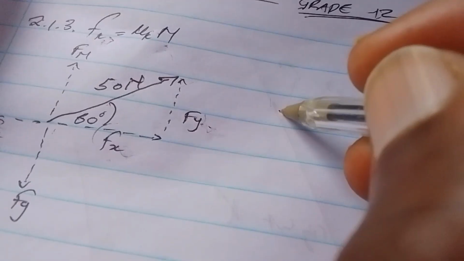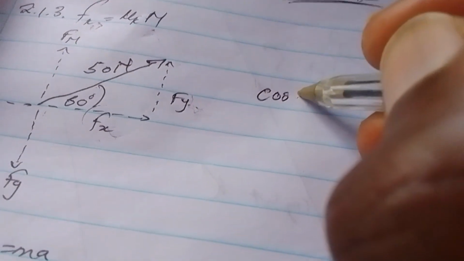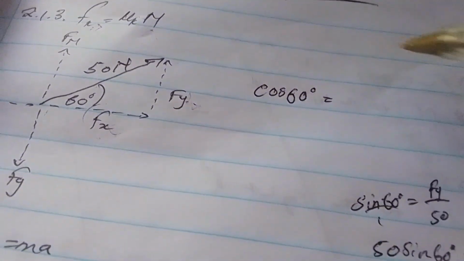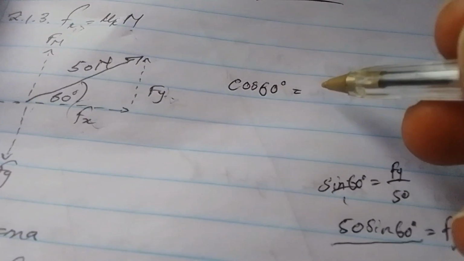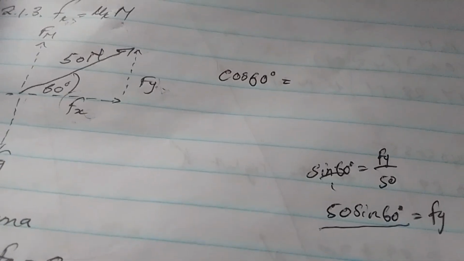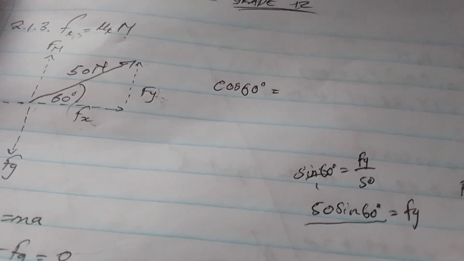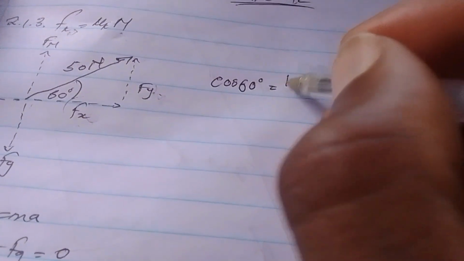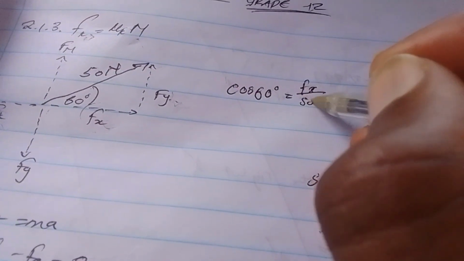Fx is the adjacent side. Our 60 degrees is already given. So cos of a certain angle is equal to adjacent over hypotenuse. Our adjacent here is Fx, and our hypotenuse is 50, our given applied force.